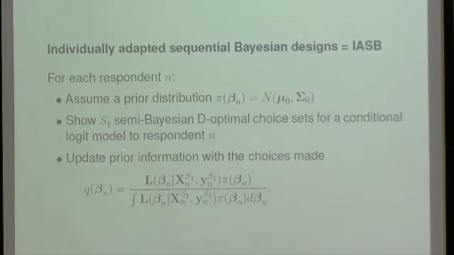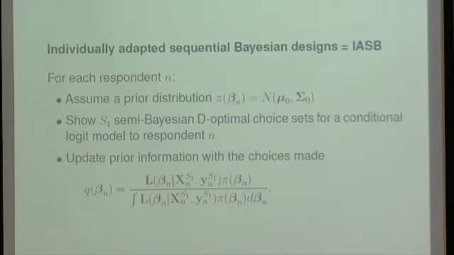Not heterogeneous, but homogeneous model, the conditional model. So this is not really optimized for this person because we don't know anything yet about this person. We only have this prior distribution. Okay. So we look for a few choice sets that are optimal for the conditional logit model with this as a prior on the betas.